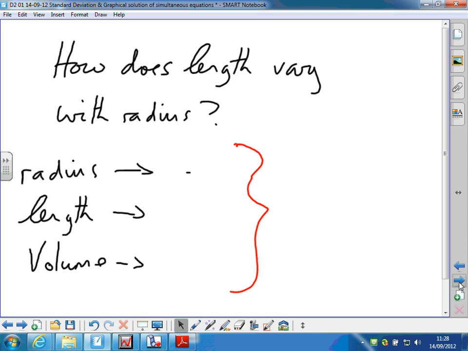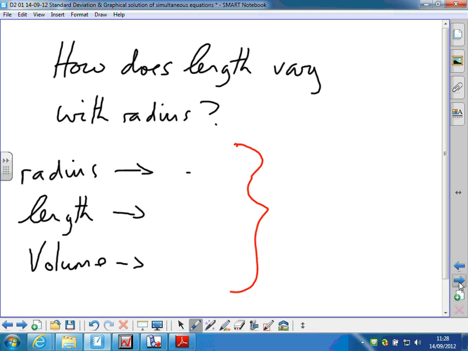How does length vary with radius? How does length vary as we change the radius? Which would be the dependent, which would be the independent, which would be constant?